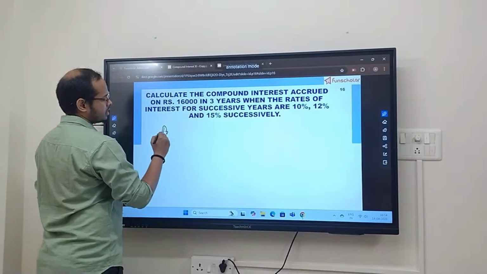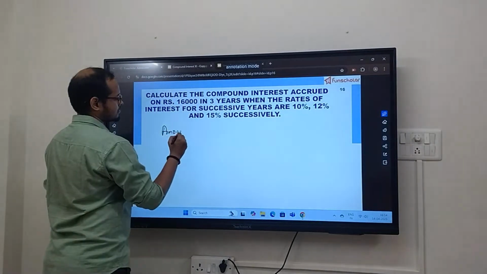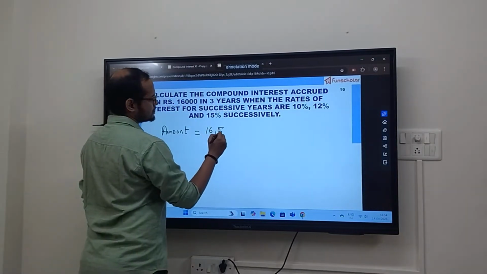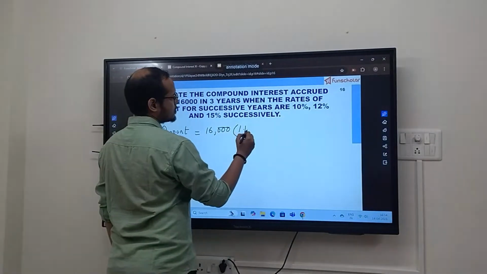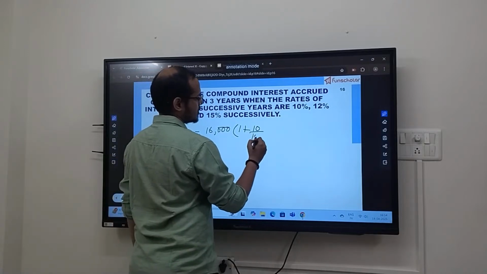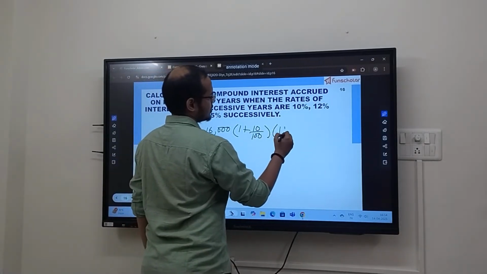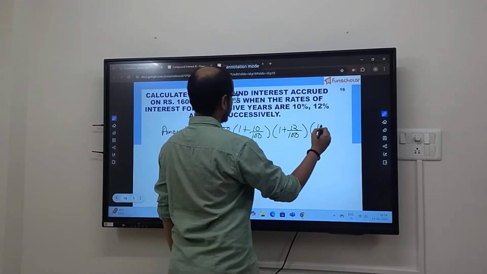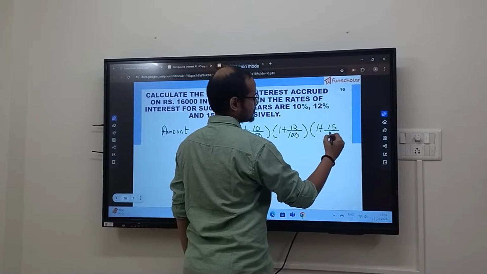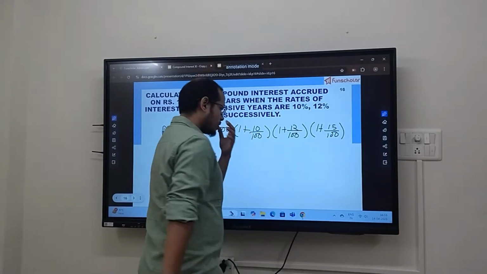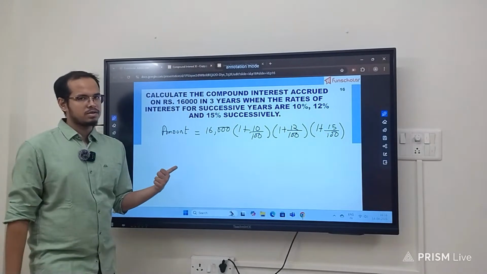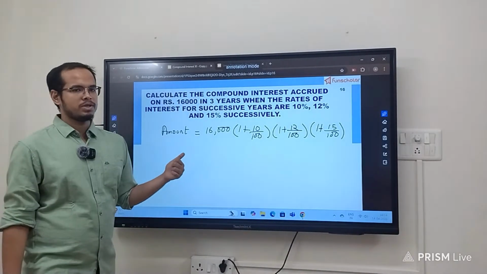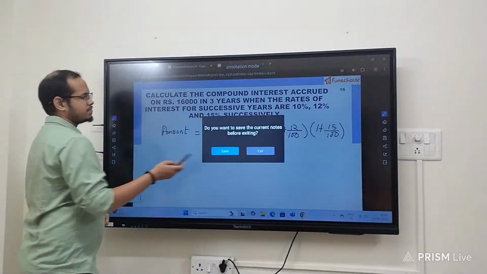Amount is equal to principal, which is 16,000, times (1 plus 10 by 100) for the first year, times (1 plus 12 by 100) for the second year, and times (1 plus 15 by 100) for the third year. Solve this and you'll get the answer. Please do try to take part in this video and write the answer in the comment section. Okay, let's go.